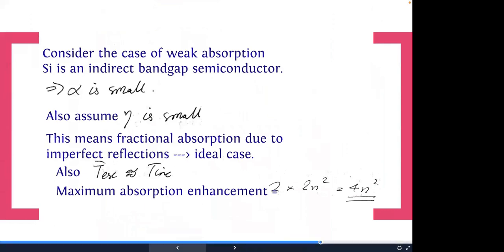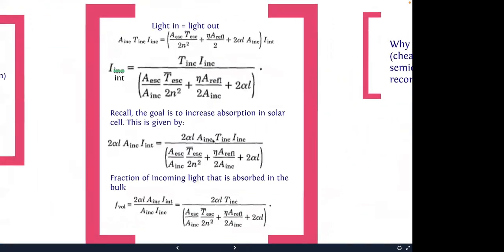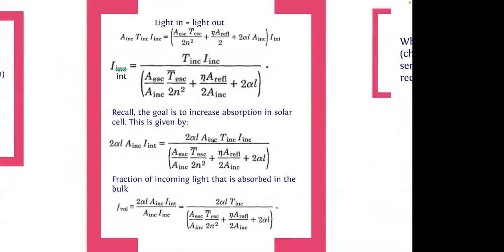Actually, let me go back because I forgot to write. Here, I can make a few assumptions. These area of escape and area of incident, I'm going to say they're roughly the same.